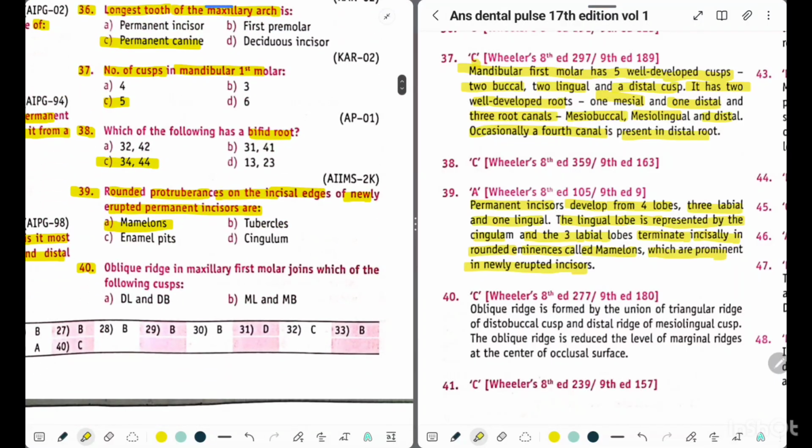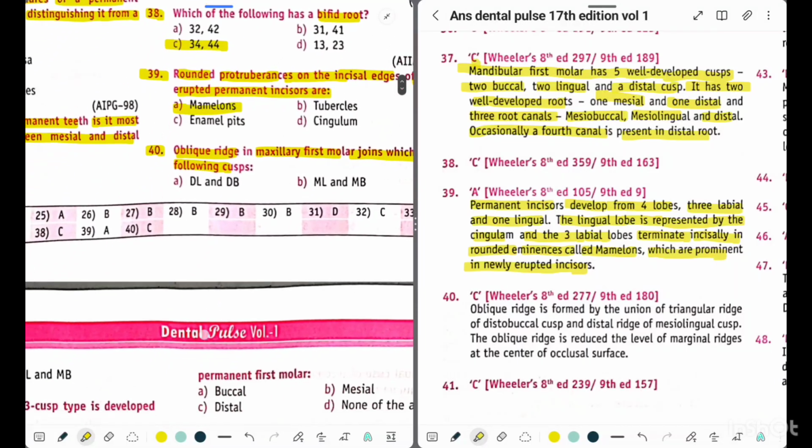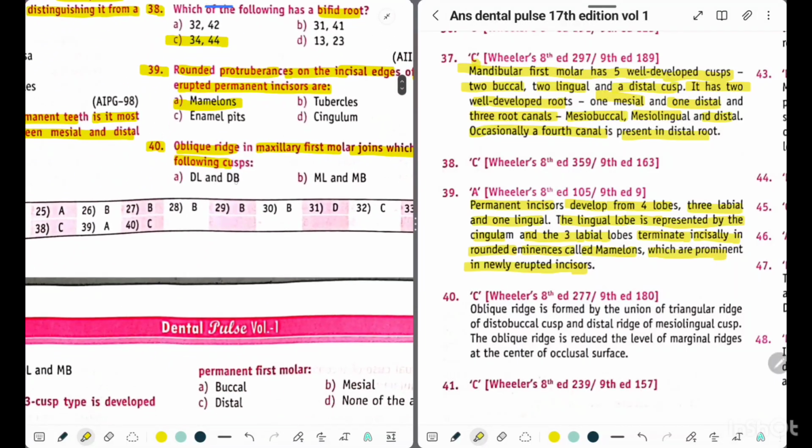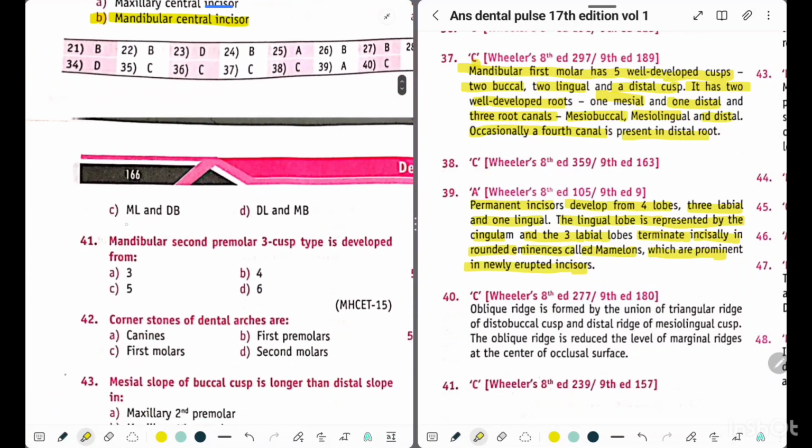Question 40. Oblique ridge in maxillary first molar joins which of the following cusps? The options are: A, distolingual and distobuccal; B, mesiolingual and mesiobuccal; C, mesiolingual and distobuccal; or D, distolingual and mesiobuccal.